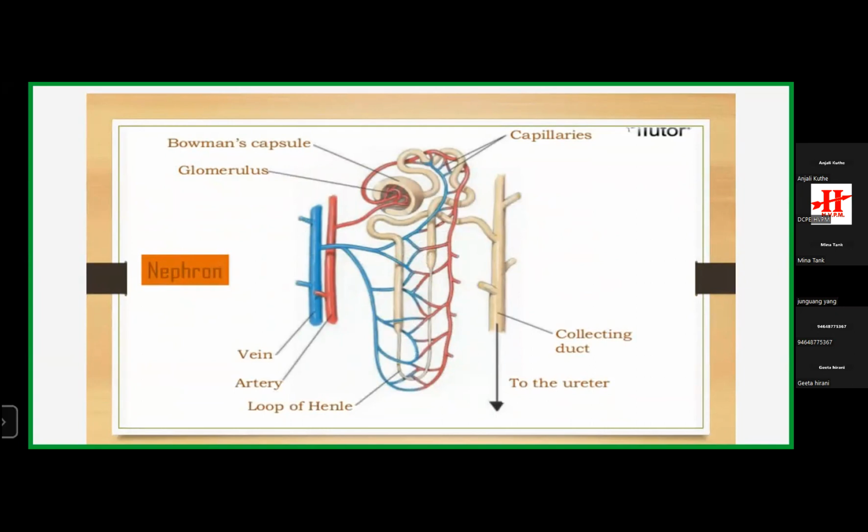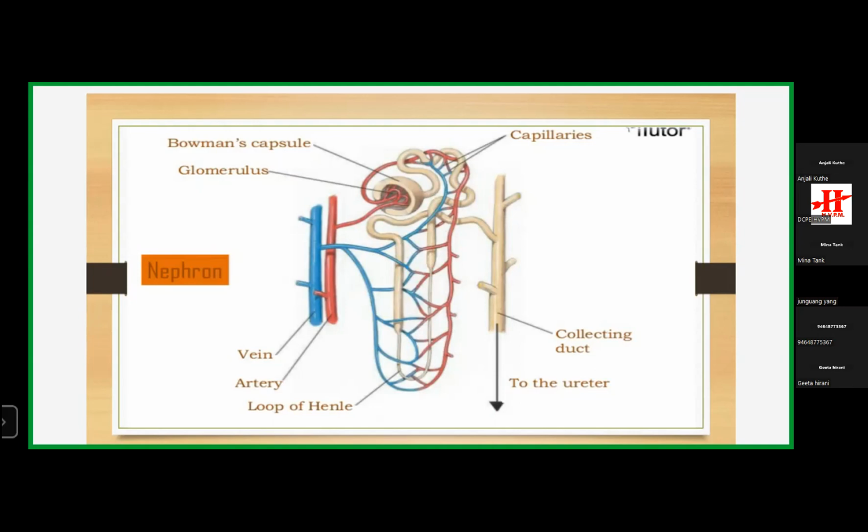One must know that the nephron is the structural and functional unit of the kidney, and here the process of filtration of blood takes place.